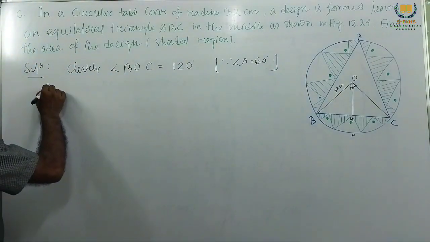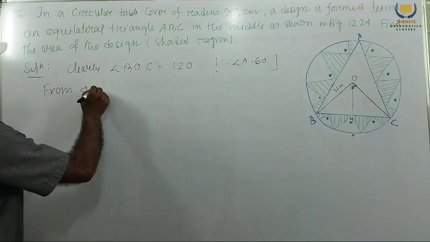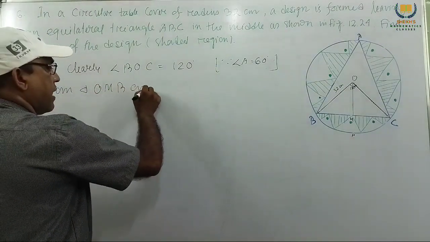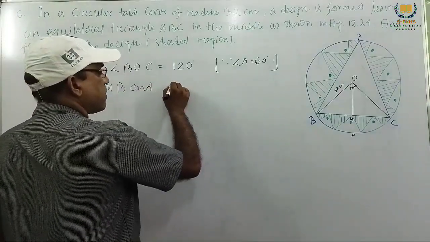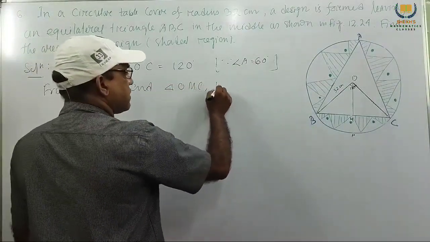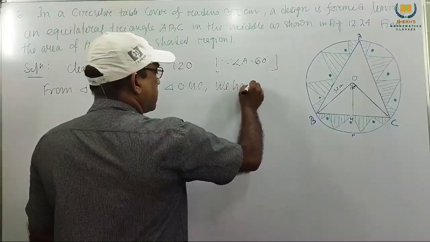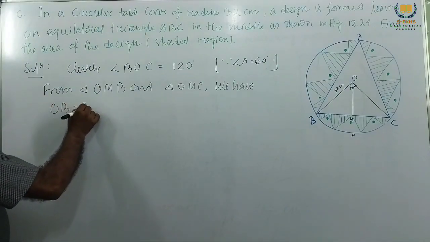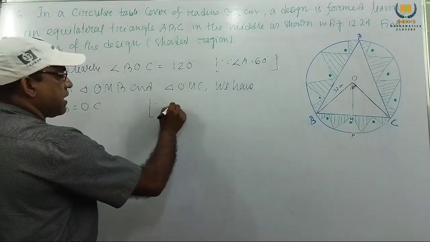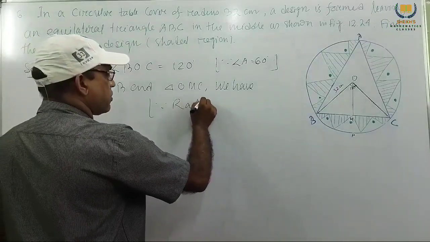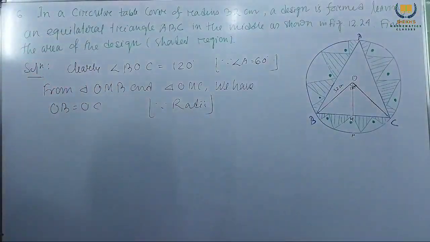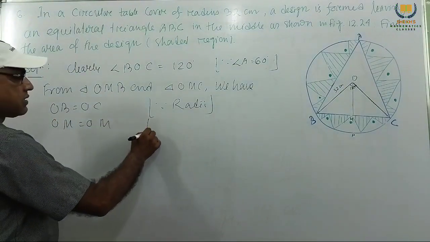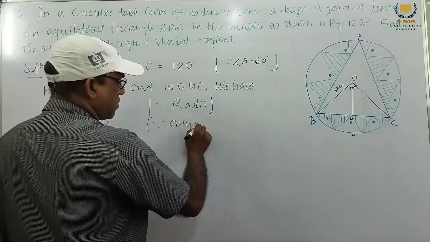From triangle OMB and triangle OMC we have OB equal to OC, since both are radii of the circle. OM equal to OM, since it is the common side.